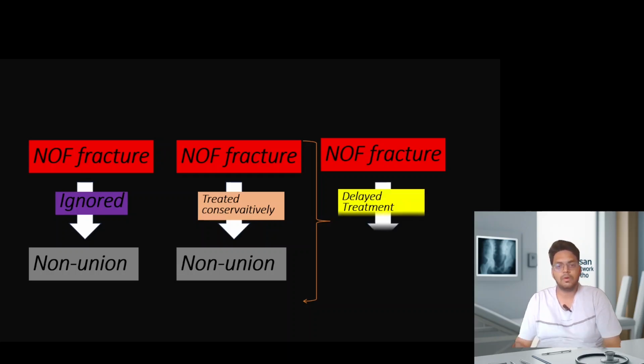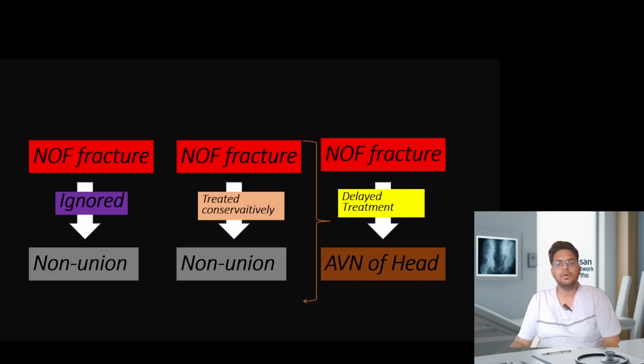Because of the delayed treatment, the head would have gone into avascular necrosis. So this is the sequence. Now can you answer me in the comments, why do you think there is avascular necrosis of the head? We'll learn it in the video, but pause the video and think for some time.